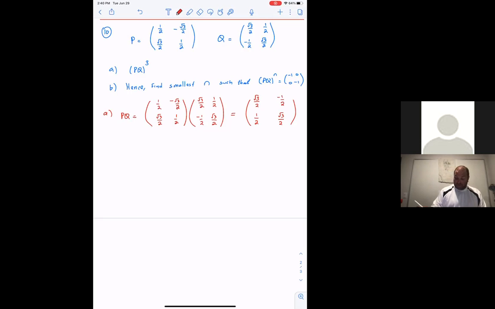And now they want us to find PQ to the 3rd power. So let's first find PQ squared, which is root 3 over 2, negative 1/2, 1/2, root 3 over 2, times root 3 over 2, negative 1/2, 1/2, root 3 over 2.